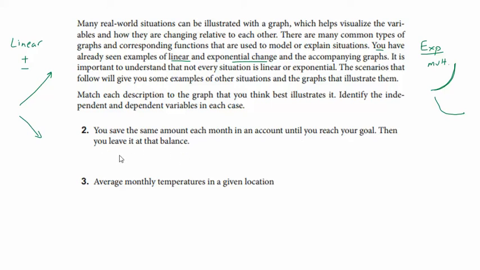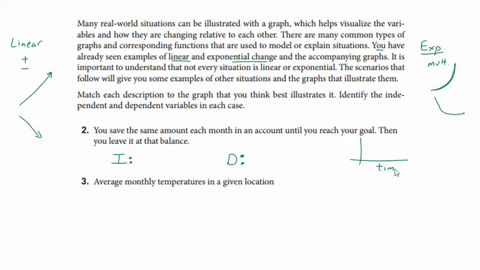So we want to figure out what is the independent variable here and what is the dependent variable. I'm going to use I for independent variable and D for dependent. So think about what this graph would look like. You're not asked to graph it, but if you did graph it, what information would go here and what information would go here? You save the same amount of money each month in your account. So this is going to be time, right?